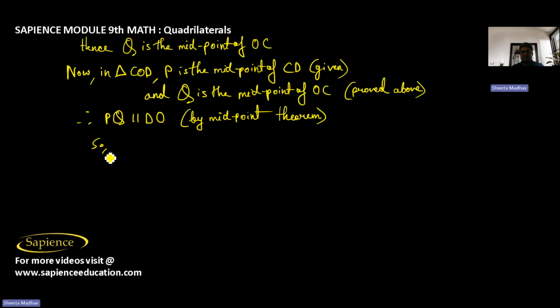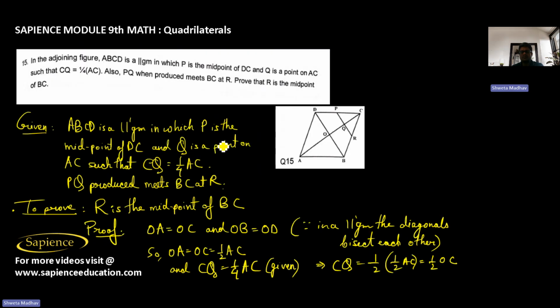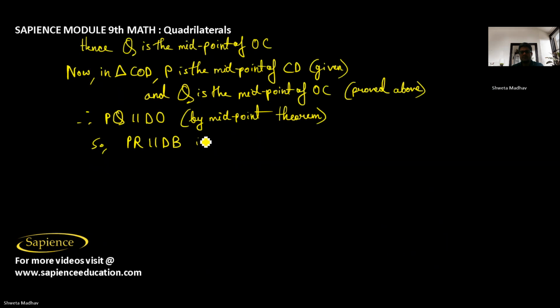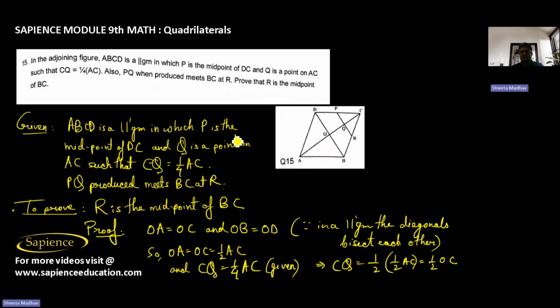So we can also say that PR will be parallel to DB in triangle CDB.